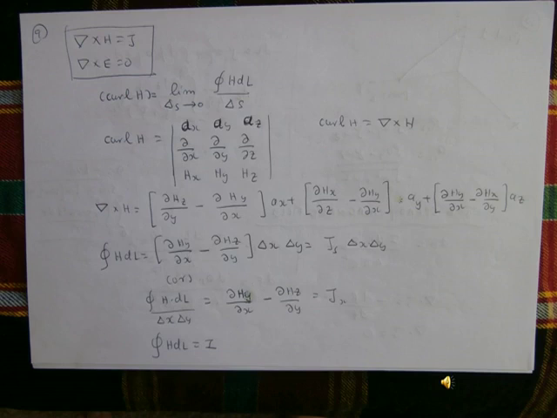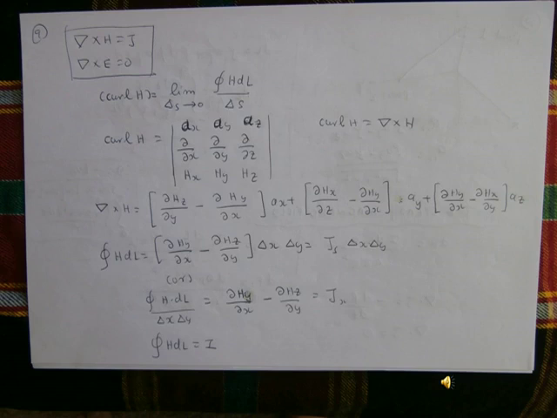Then we also calculate the curve integral. So the curve integral of H dl is equal to, in the bracket, dHy by dx minus dHx by dy, times dx dy, equal to Jz dx dy.